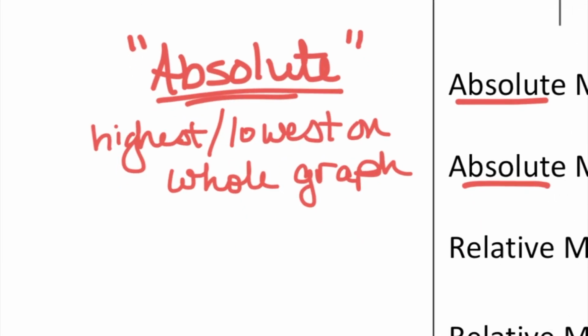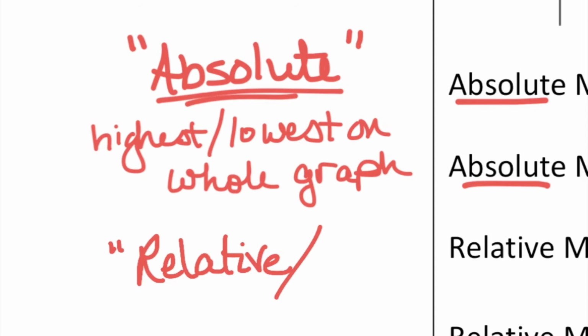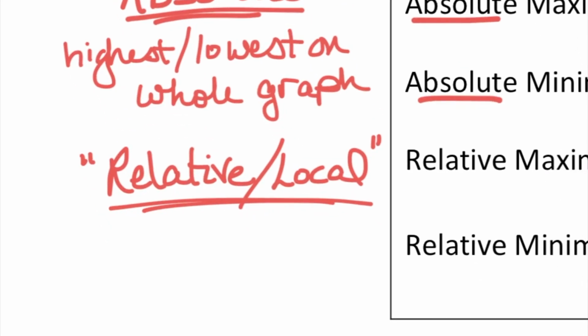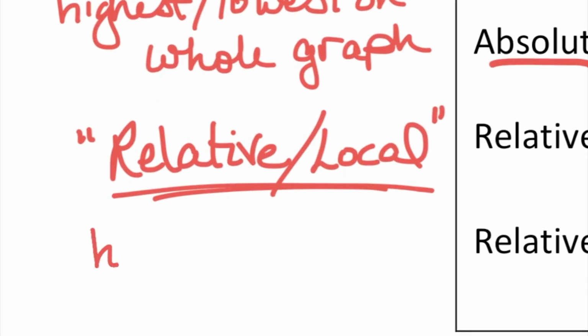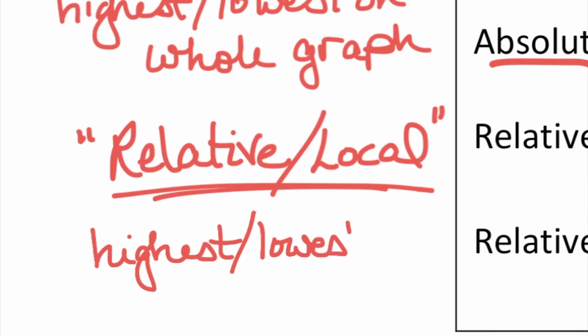And that relative could also be called local. Those two words are very interchangeable in this context, and that means the highest or lowest point compared to those immediately next to it.